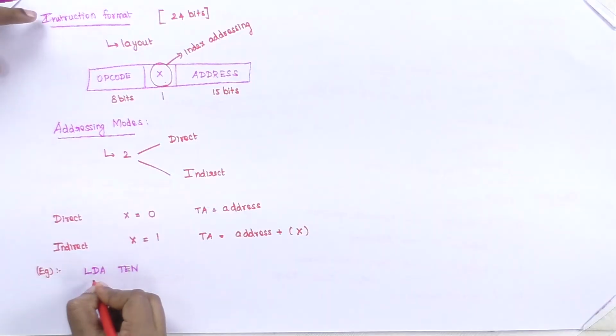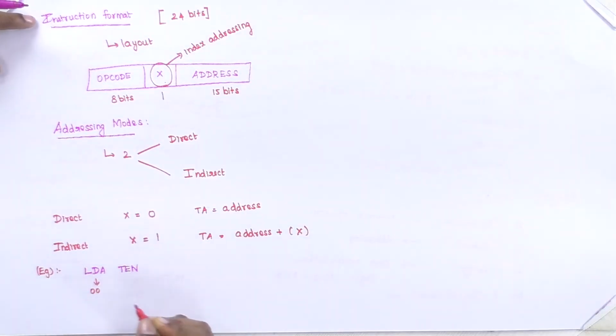So every instruction will be in the form of assembly language. Assembly language is a combination of mnemonics. So the opcode for LDA is 00, and 10 is nothing but a label or variable. It is stored in the address 1000.